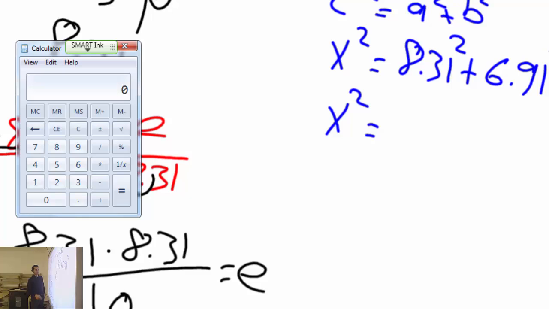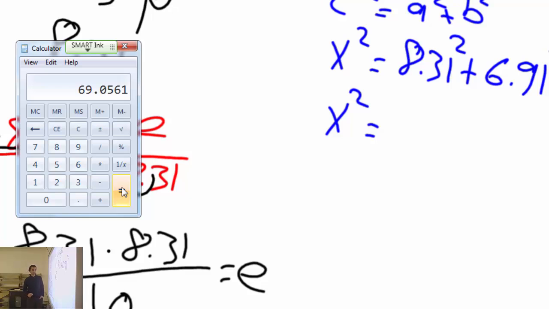calculator. 8.31 times 8.31 will give me that. But I'm not going to write that down. I'm going to round these numbers.